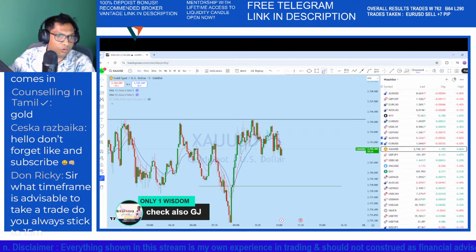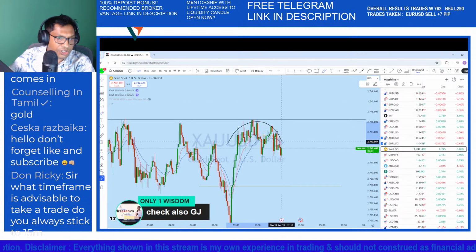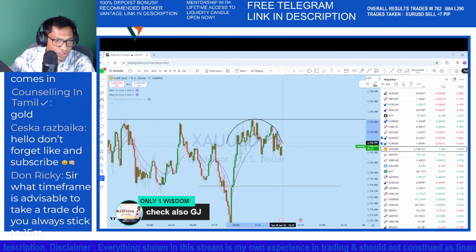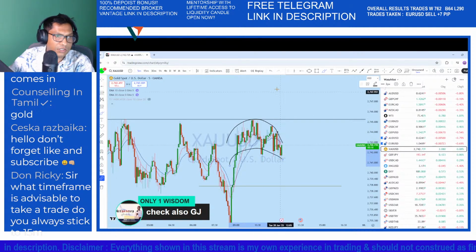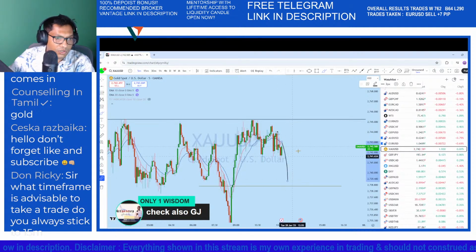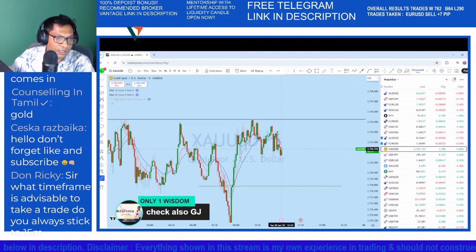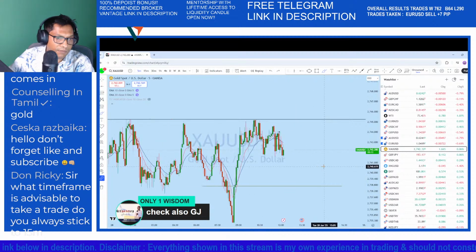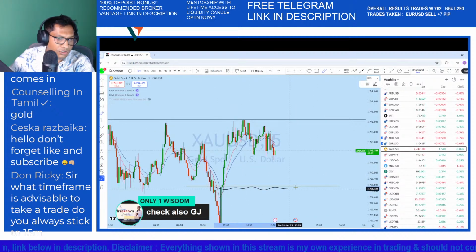And with this structure formation, we can see there is a structure, and from the structure expecting the market to come to that support level here, which is an important level.